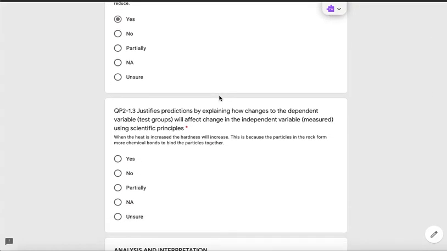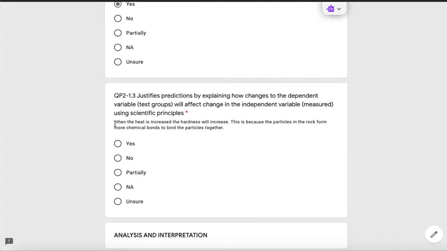Next one. Do they justify their prediction by talking about how the change, in other words heat in this case, will affect what we're measuring? Okay, I've just got those two words wrong there, but we'll fix it up later. Here's my example answer. When the heat is increased, the hardness will increase.